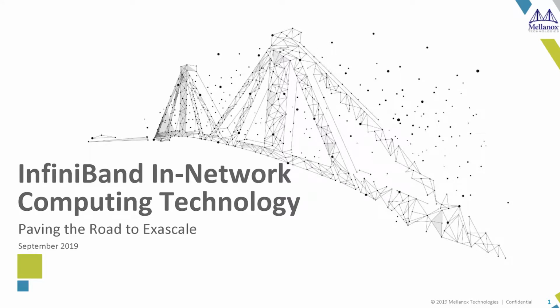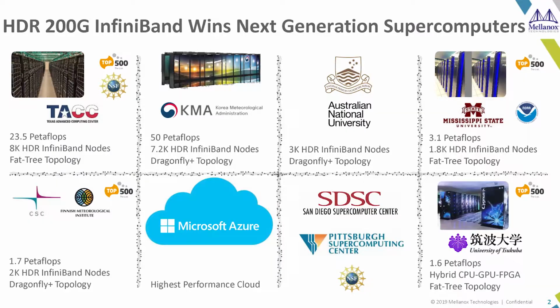So I'm going to talk today about InfiniBand in-network computing, a subject that's near and dear to my heart. Before I start, as folks probably know, we're at the HDR generation of technology. I believe it's just GA'd. GA means becoming generally available.